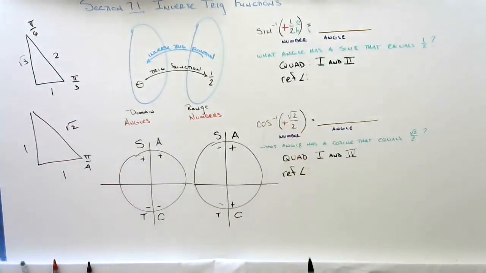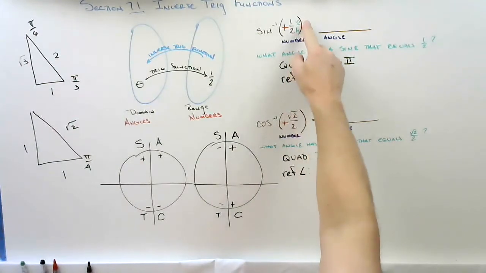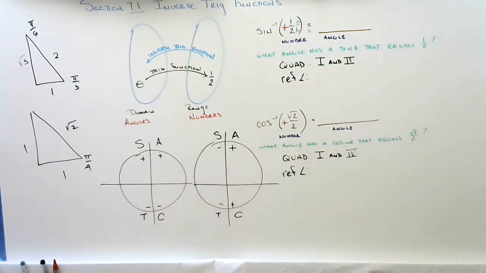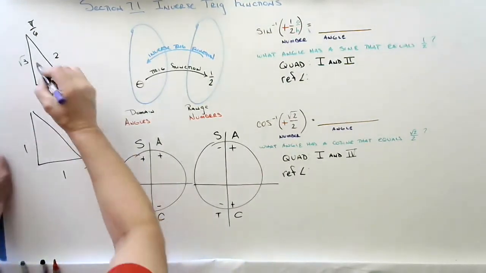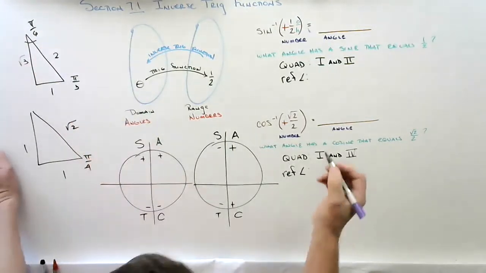Now, I just look for an angle that has an opposite side of 1 and a hypotenuse of 2. That's right here. So my reference angle is going to be pi over 6.